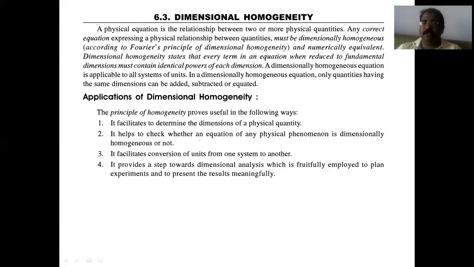It helps to check whether an equation of any physical phenomenon is dimensionally homogeneous or not. It facilitates conversion of units from one system to another, and it provides a step towards dimensional analysis, which is fruitfully employed to plan experiments and to present their results meaningfully.